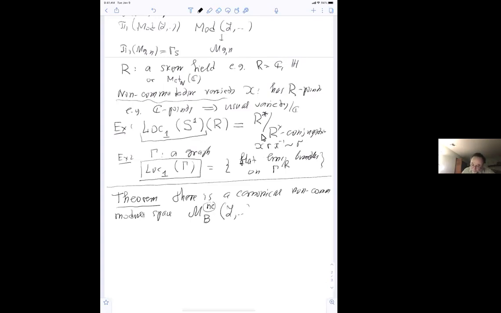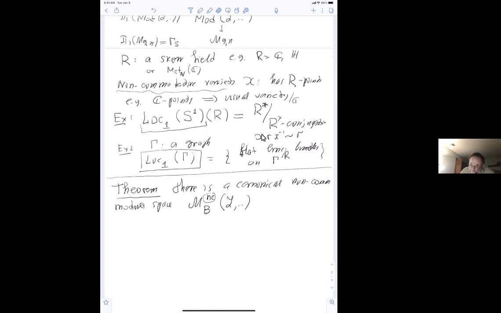It depends on whatever discrete data you have. So in this case, I should elaborate a little more. It depends, of course, on your surface S, on the rank of your bundle, and on these curves, which are a commutative class of curves I was referring to.